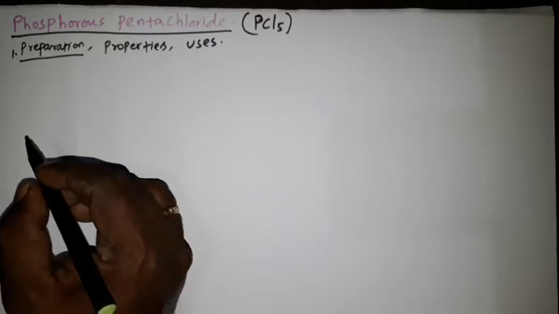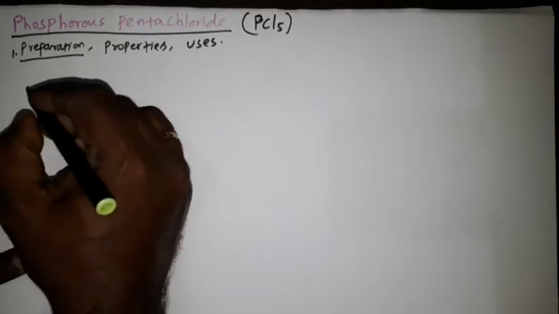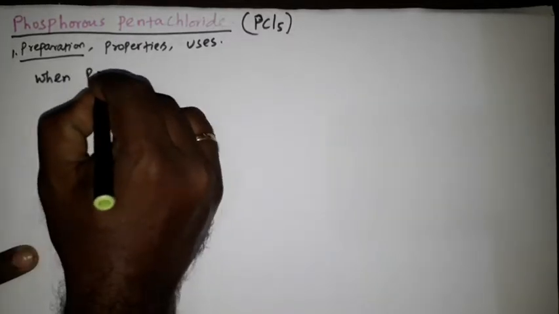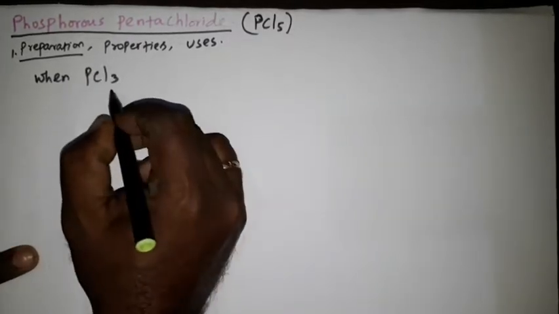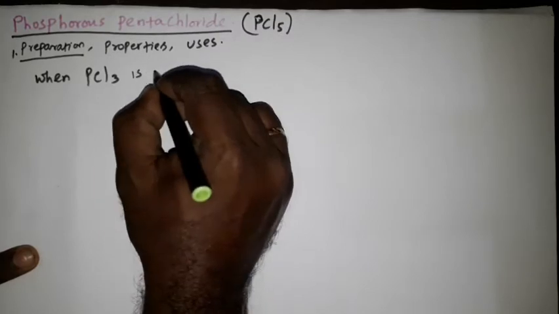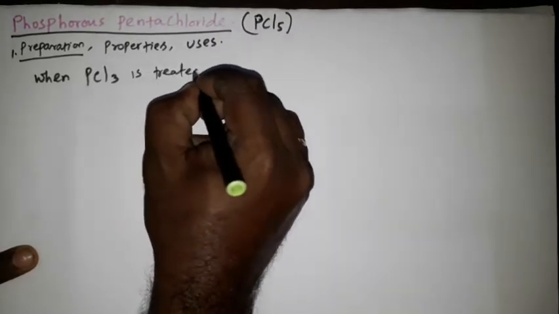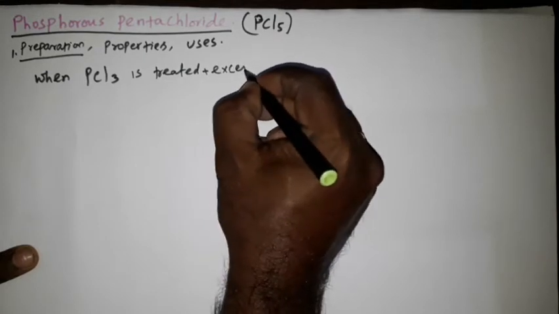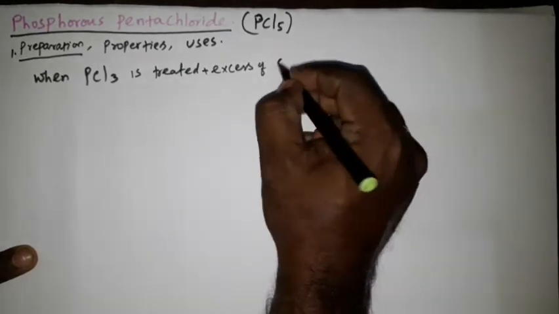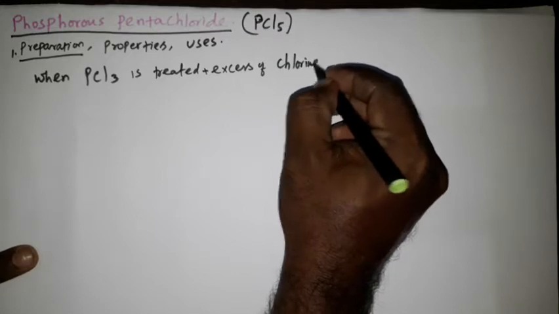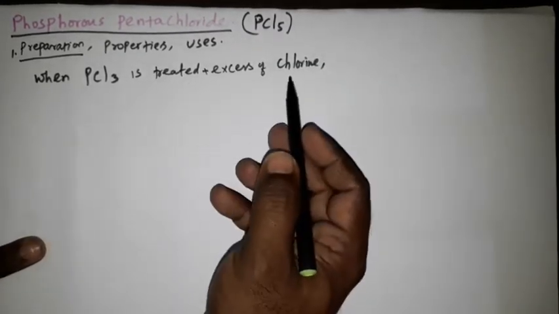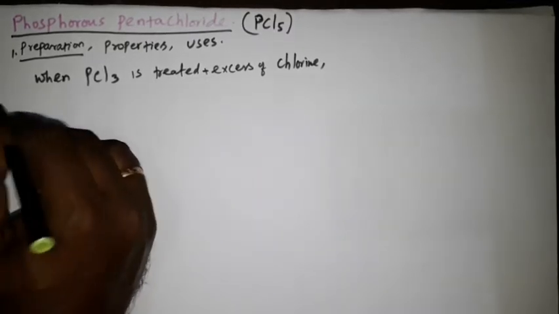Preparation actually when phosphorus trichloride, the formula is PCl3, is treated with excess of chlorine. So when phosphorus trichloride is treated with excess of chlorine, we will get phosphorus pentachloride.